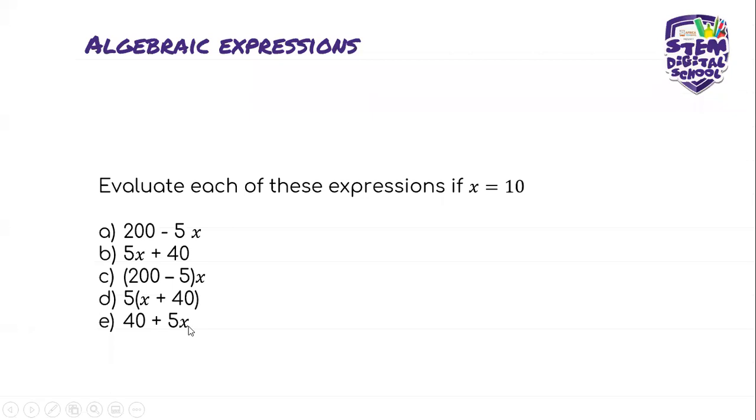I want us to look at the expressions and find the value of each expression using the given value of x, which is 10. And of course, I want us to use this value to evaluate each expression given below.